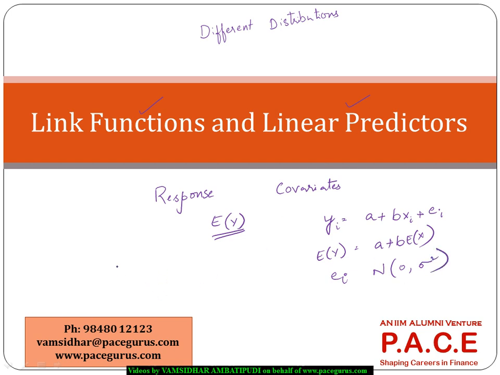So my expected value here is purely coming out as a plus bx, whereas the variance is sigma squared. So mu is a plus bx and the variance is sigma squared. Overall we are saying that y follows a normal distribution with a mean mu and variance sigma squared. This is the typical thing.